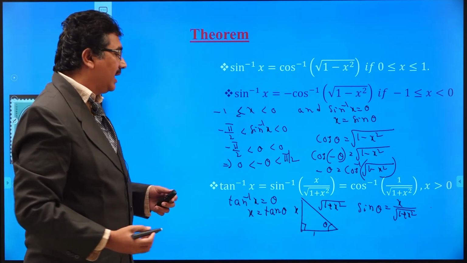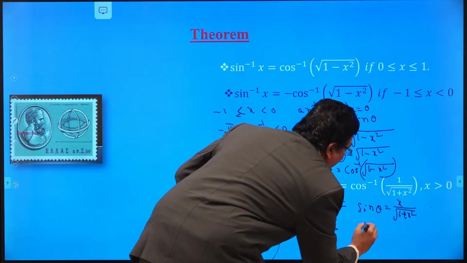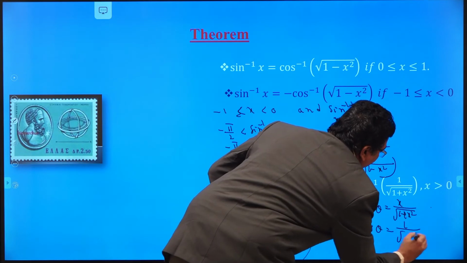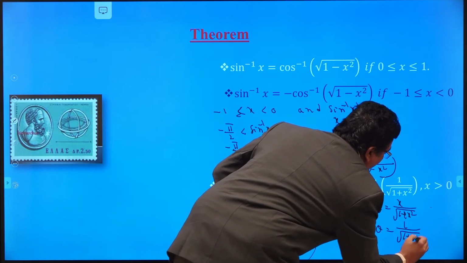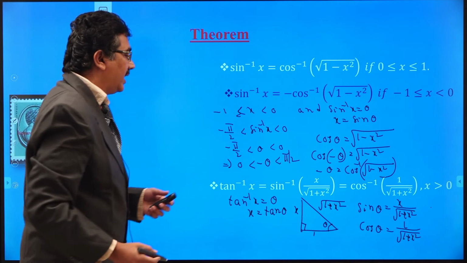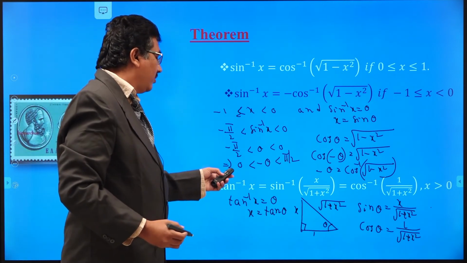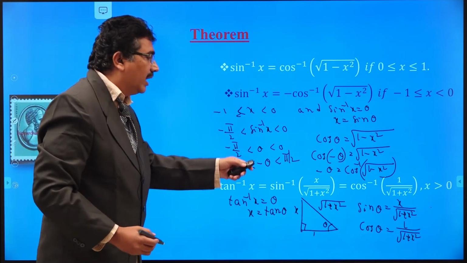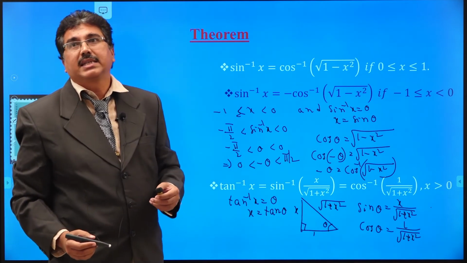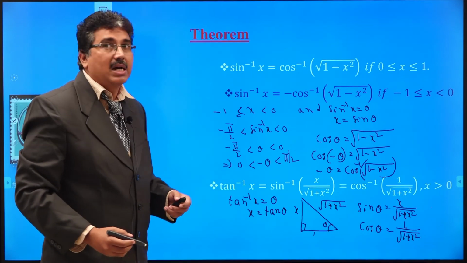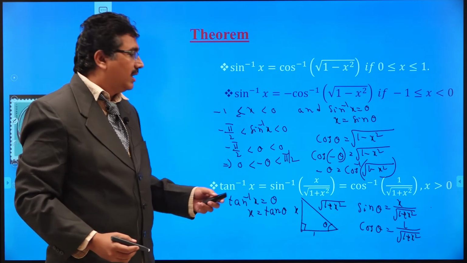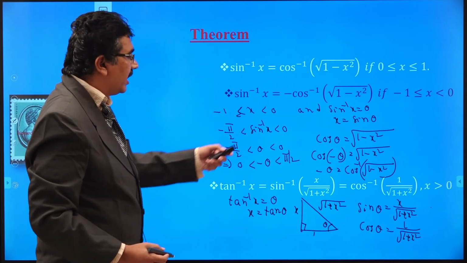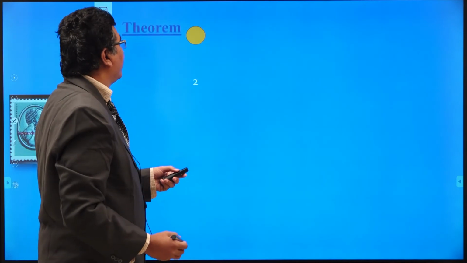Cos theta is equal to adjacent side by hypotenuse, 1 by square root of 1 plus x square. From this, tan inverse x is equal to sin inverse of x by root of 1 plus x square, which is equal to cos inverse of 1 by square root of 1 plus x square, when x is greater than 0.